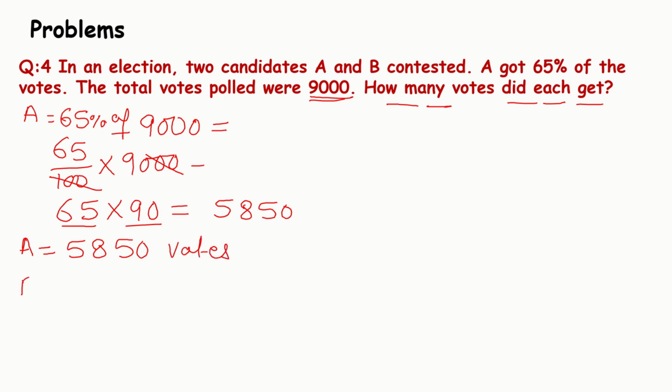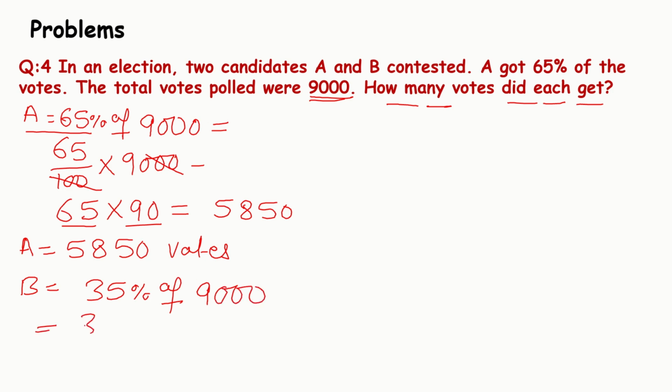Now candidate B has got. So there are two ways to solve this. First, if A has got 65%, so out of 100%, the rest of the percentage B has got, which is 35% of the total votes, that means 9,000.